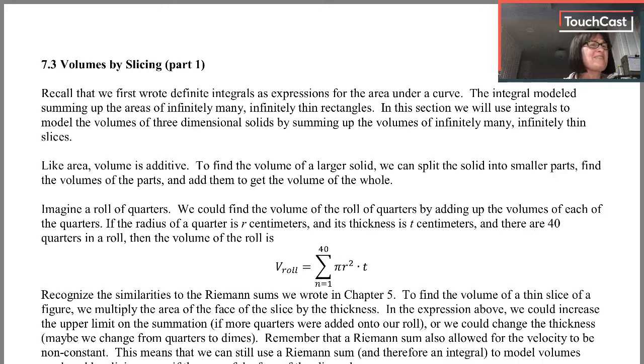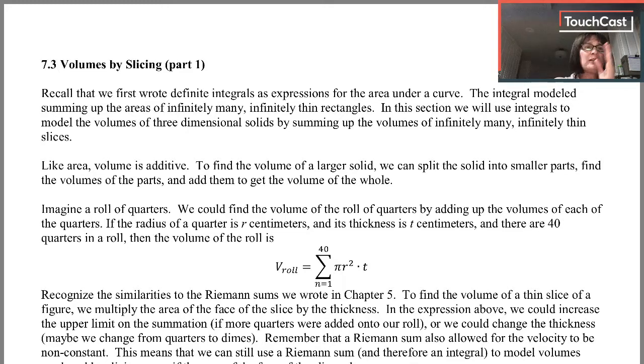But once we decide the velocity might not be constant anymore, we're going to multiply velocity times a very tiny change in time, and then multiply the next velocity by the next tiny change in time, and keep adding up those products until we get the area under the velocity curve. So here we can use integration if the area of every slice isn't the same.